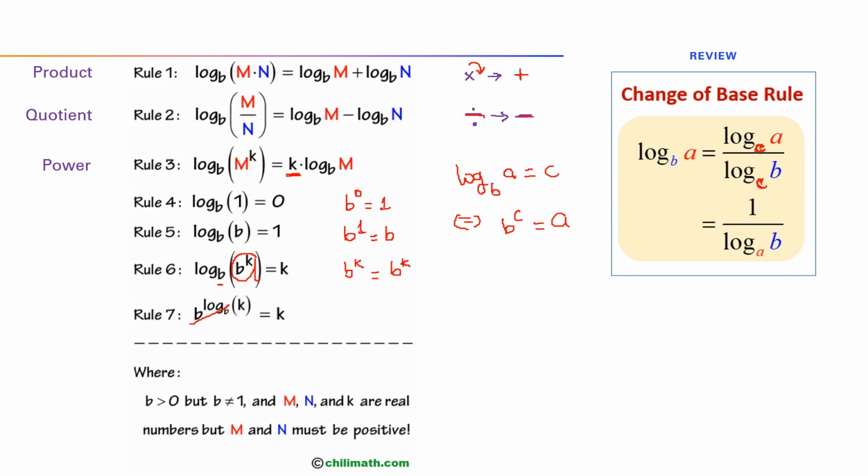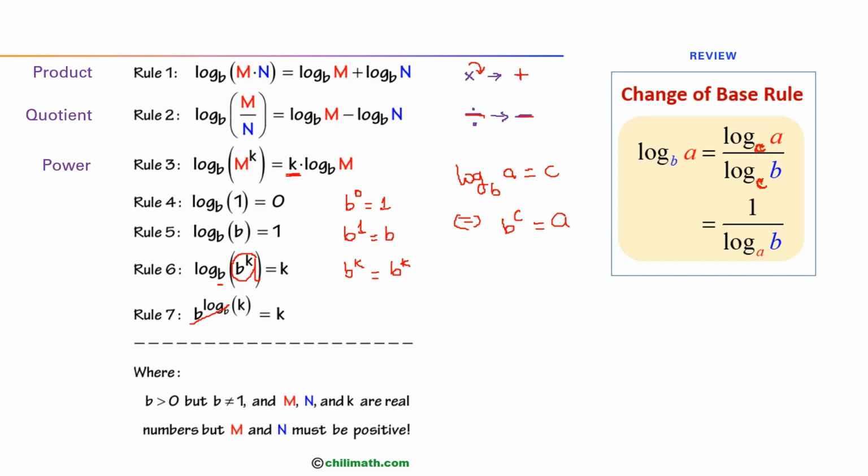So log base c, any c, any positive number. So it is equal to log base c of a over log base c of b. So it will be the same base, or we can make it 1 over log base a of b.